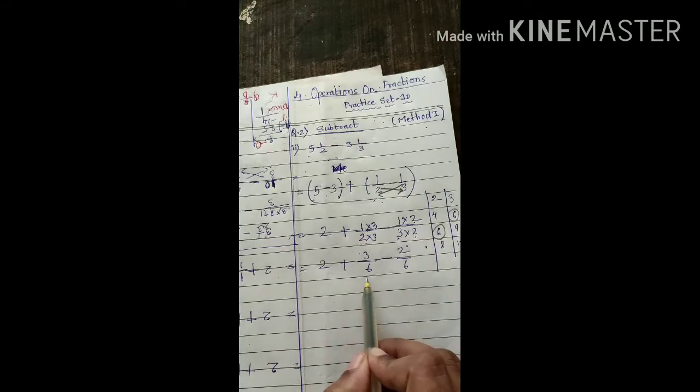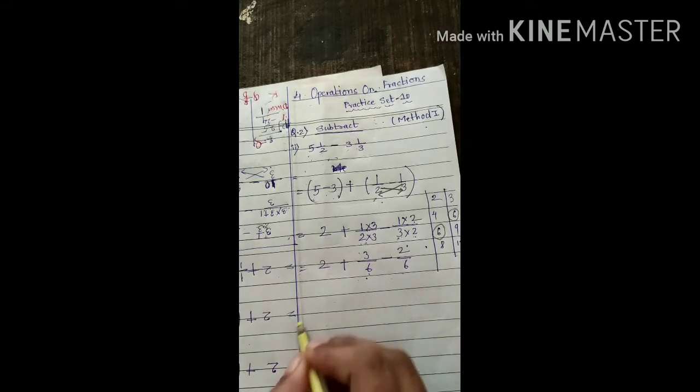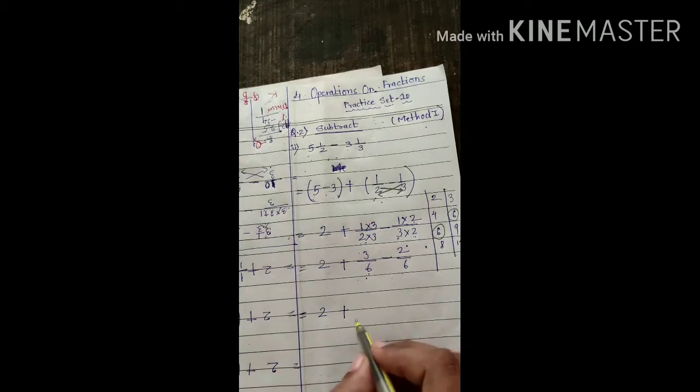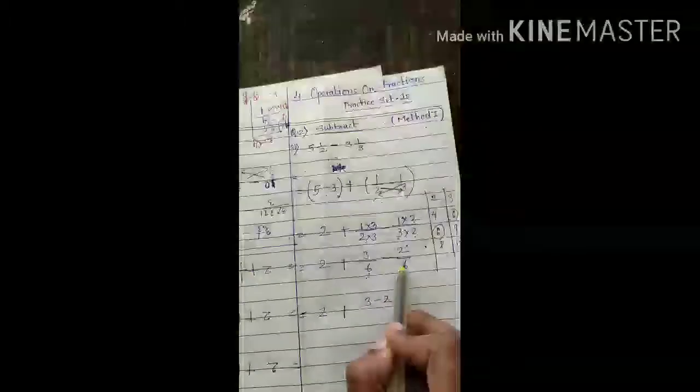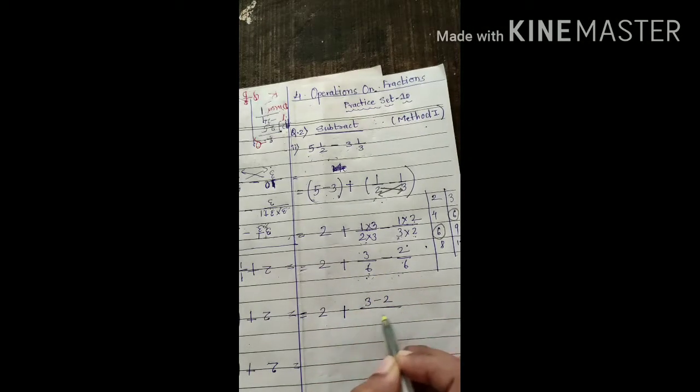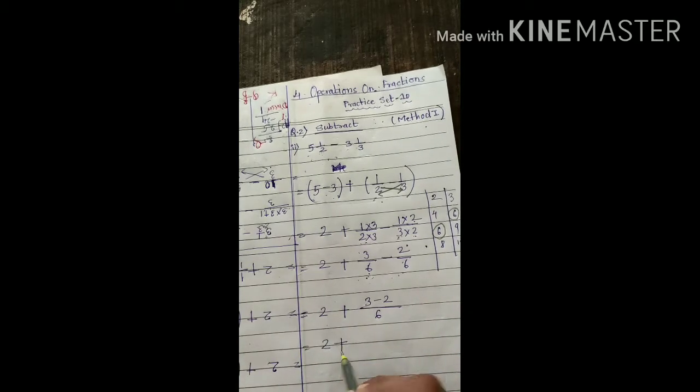Now your denominators are the same. So now you can subtract these fractions directly: 3 minus 2. Only the numerator you have to subtract, not the denominator. You write the denominator as it is. So 2 plus 3 minus 2, how much? 1 upon 6. So your answer is 2 1 upon 6.